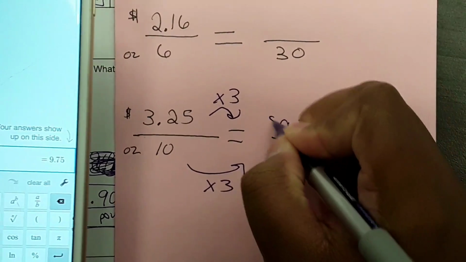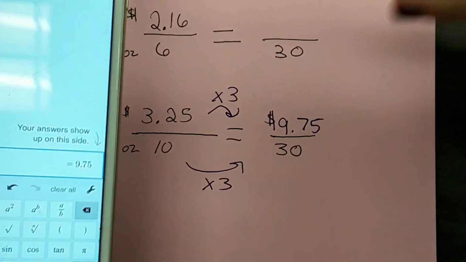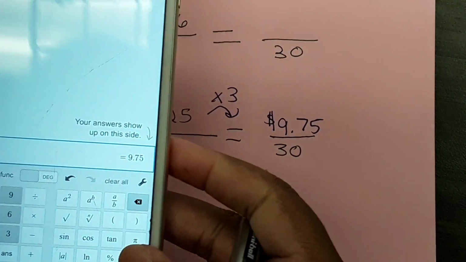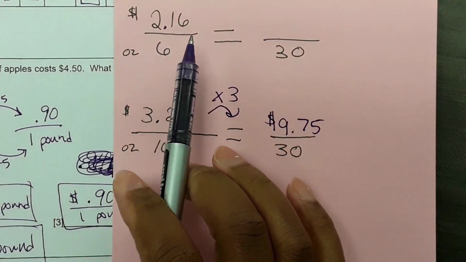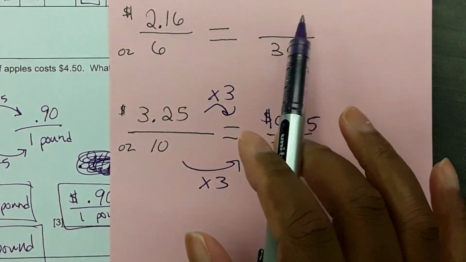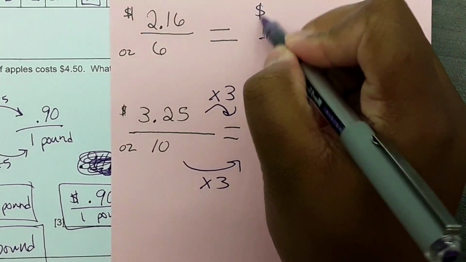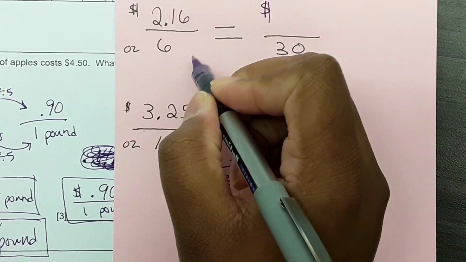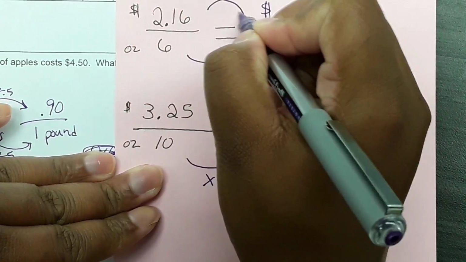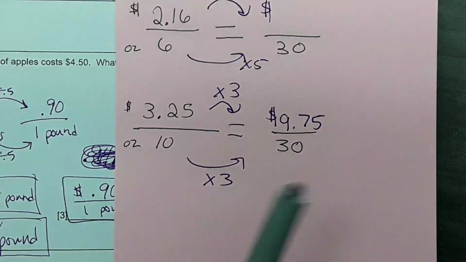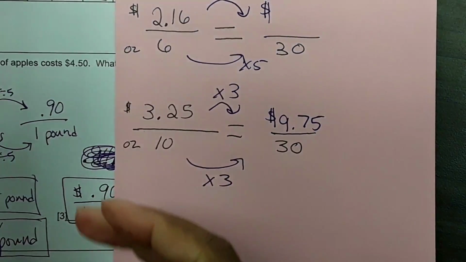I would love to know who thought of that. It's just a really great math idea. And then we're going to compare that with the next one. To go from $2.16 for 6 ounces to some price for 30 ounces, you had to multiply 6 by 5. Whatever you did to the bottom, you're going to do to the top if you're treating these like equivalent ratios, which you could.